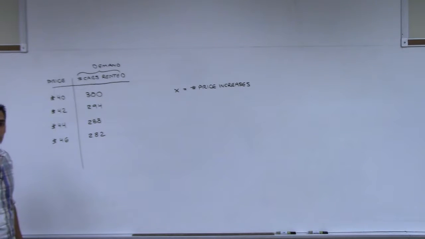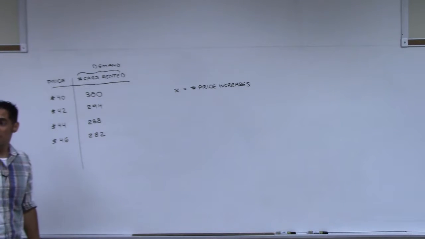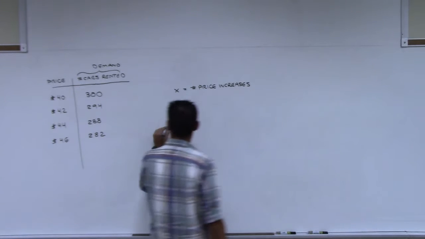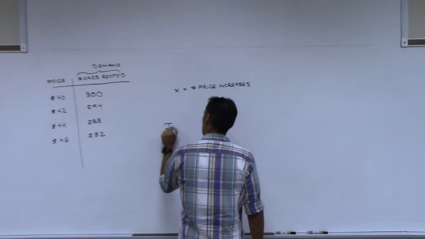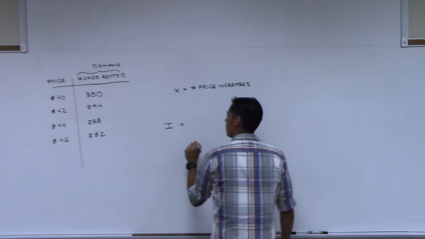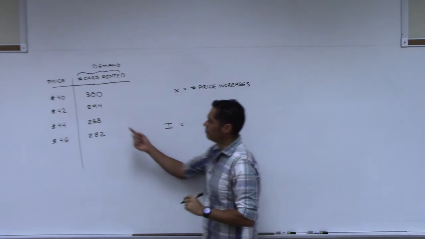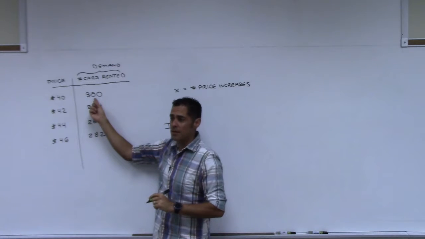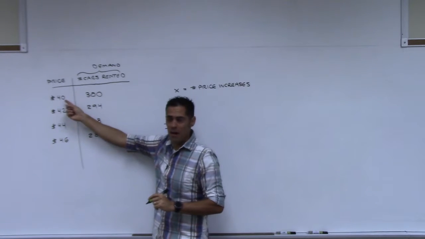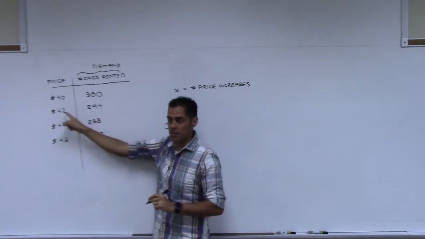Why is price times cars rented? Okay, so we're going to try and come up with an equation for our income, right? Our income, I'm going to call it I, is equal to, what would our income be? The number of cars that are rented times the price we charge per car, right? So it's this times this, this times this, this times this.